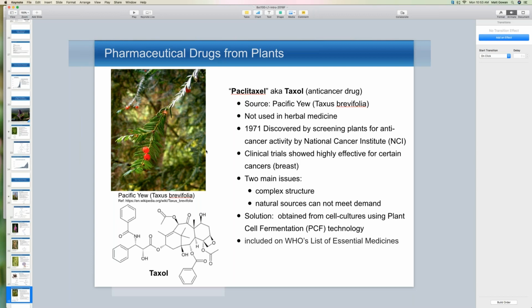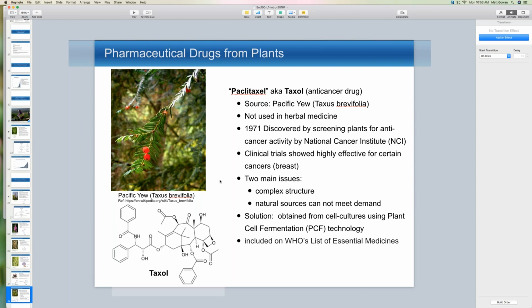They found that it had really effective anti-cancer properties. Now, Pacific yew was never used traditionally for breast cancer or ovarian cancer, so they didn't research it based on traditional knowledge of the plant and then try to figure out what the active ingredient is. They were just randomly screening it and found it had properties.